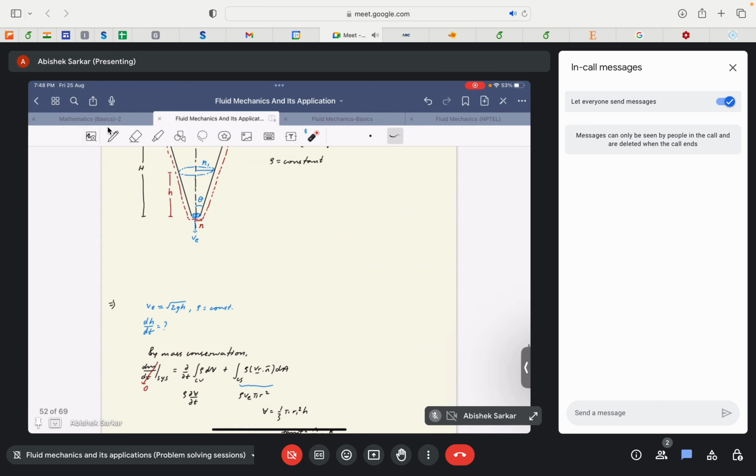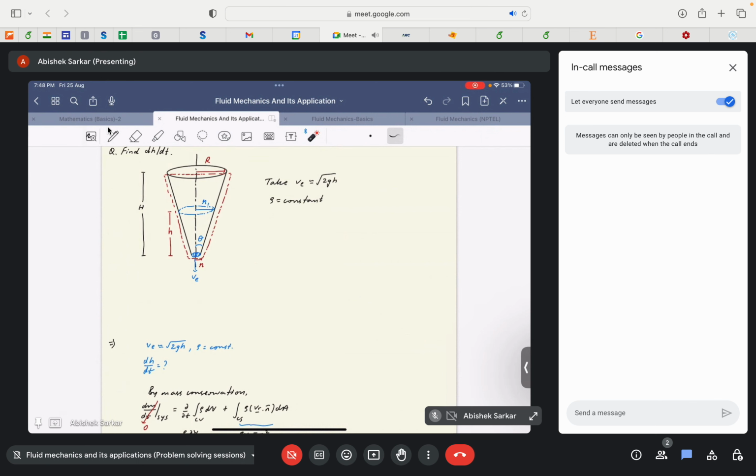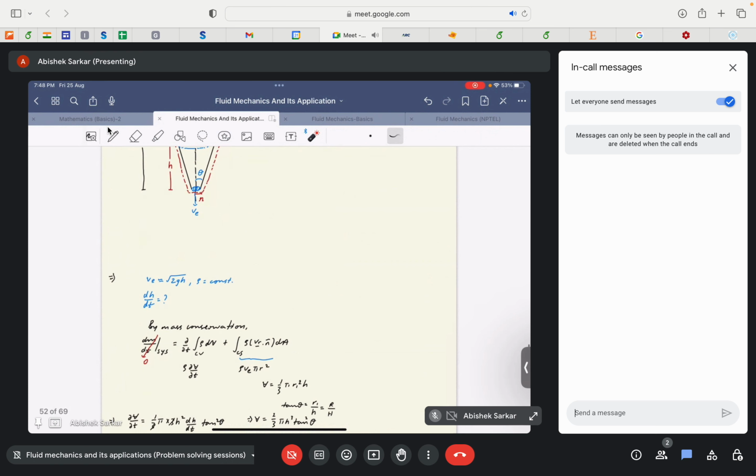So here, this region we define as a control volume because the control volume is continuously changing with time. I am sorry, previously I defined this region as the control volume, but actually this blue region containing the fluid should ideally be defined as the control volume, because our control volume is changing with time.